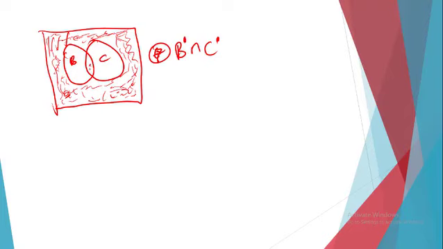Then this intersection is this, and the numbers that are in the universal set but not in the set C. Do we understand?